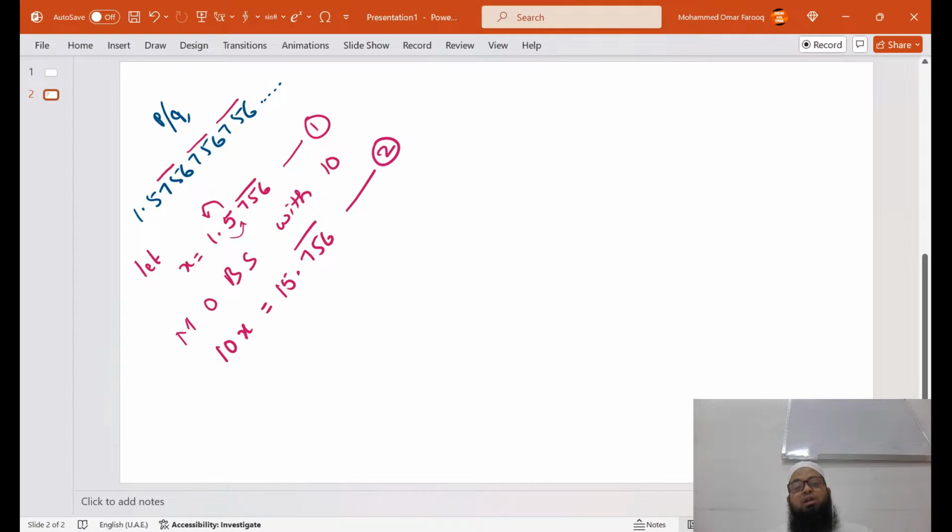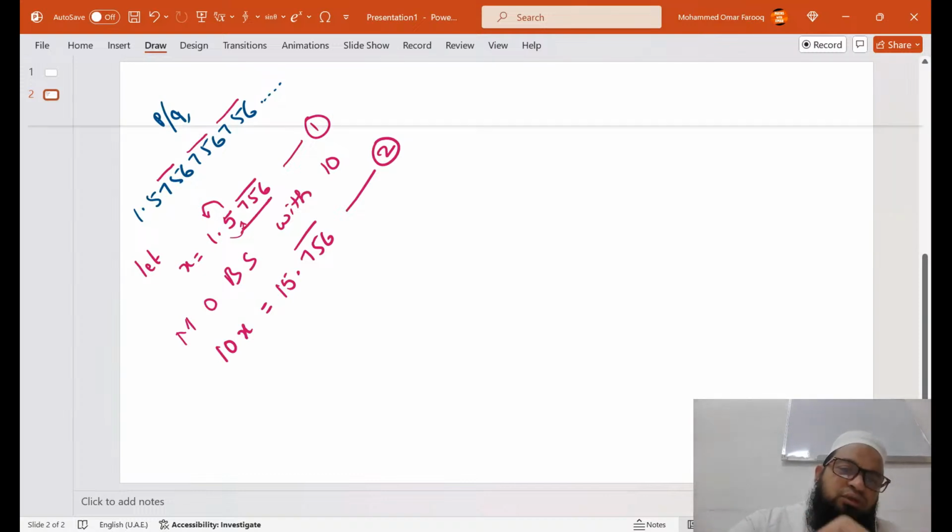Now usually what we do, we subtract the first equation from the second equation. But check here, do you have the decimal places equal? So now before subtracting, we have to check whether the decimal parts are equal or not. Are the decimal parts equal?